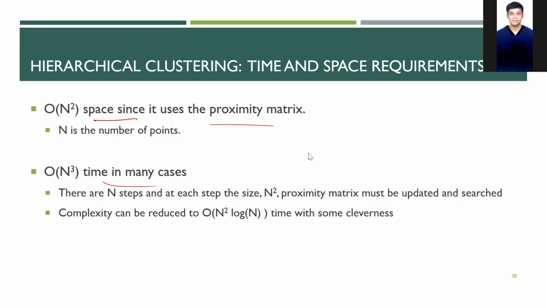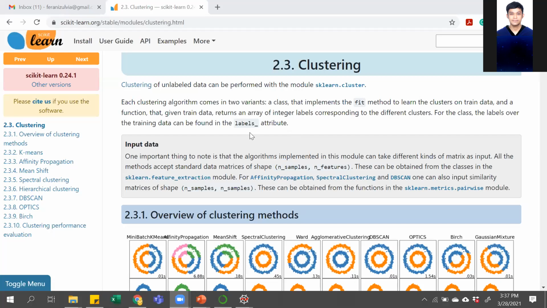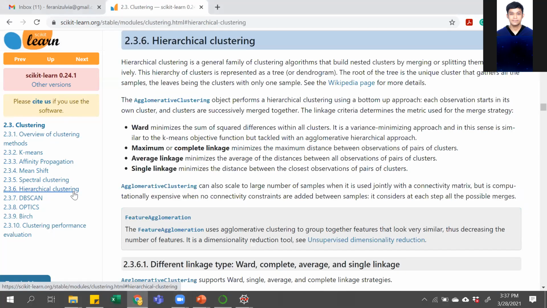So let me try to find scikit-learn for hierarchical clustering. This one is a package from Python for clustering. It already provides k-means, the one that I just showed you before, and for hierarchical, it is this one, hierarchical clustering.